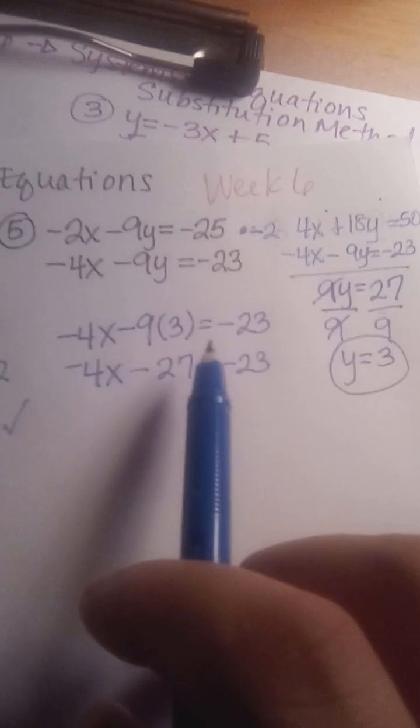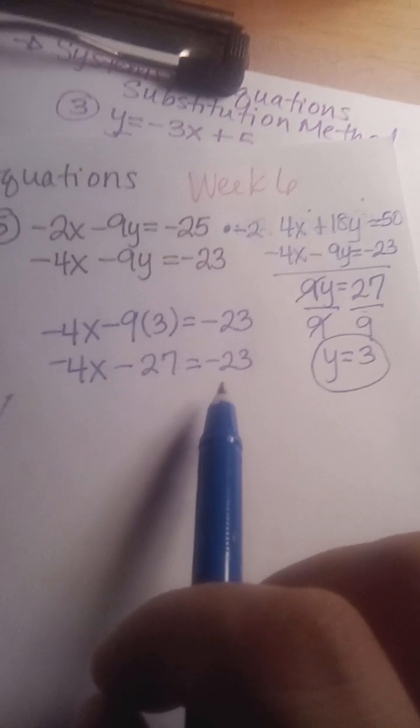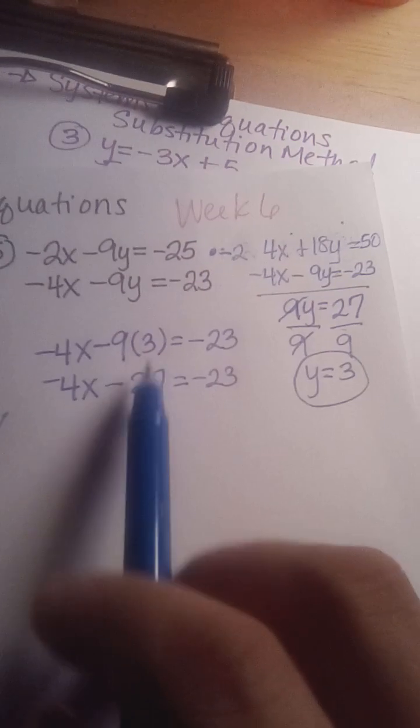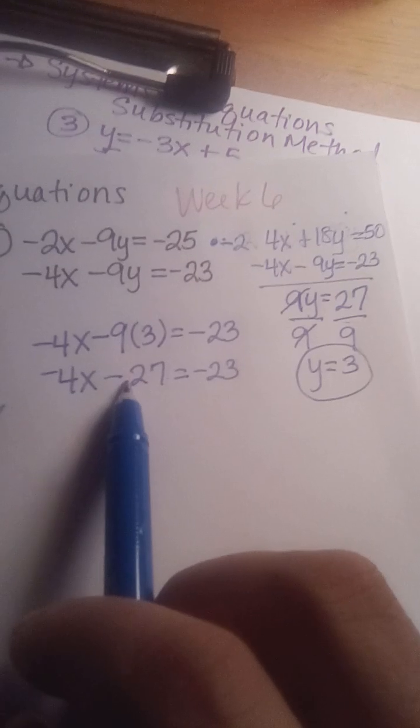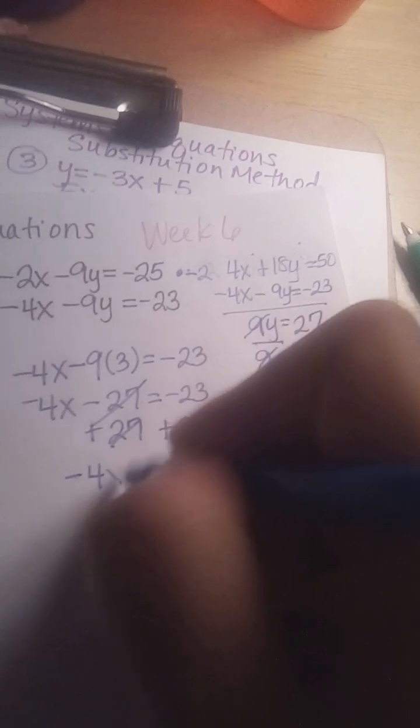So far so good on this step? Okay. Then we're going to do the opposite of this, which in this case is a positive. We add 27 to both sides. Cross out the 27s. Bring down the negative 4x.